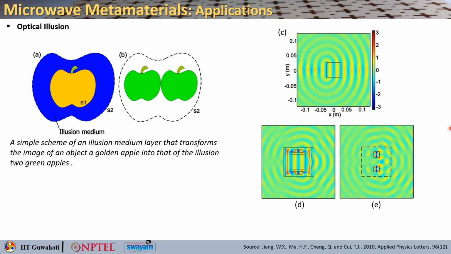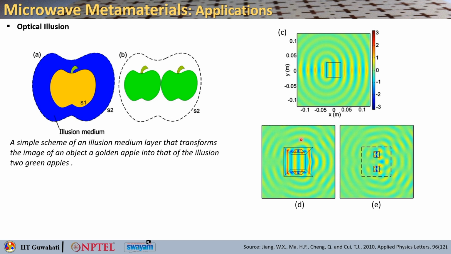So, in this particular diagram you can see that if you have an object like this, okay, in the path of your electric field distribution, you can see this, but when you put it within this particular illusion medium, what is inside is basically a metallic square cylinder, and you are putting it within this illusion medium layer.